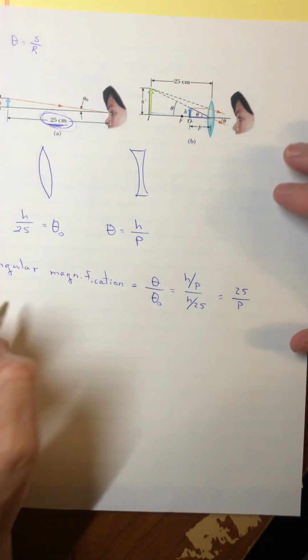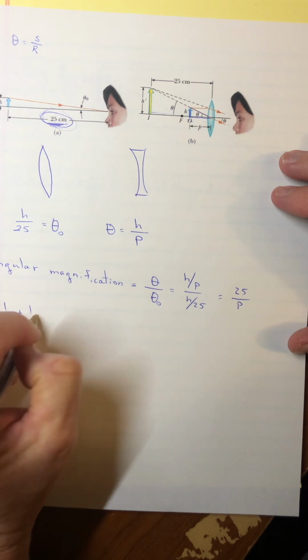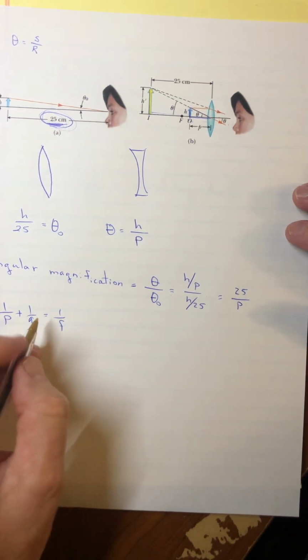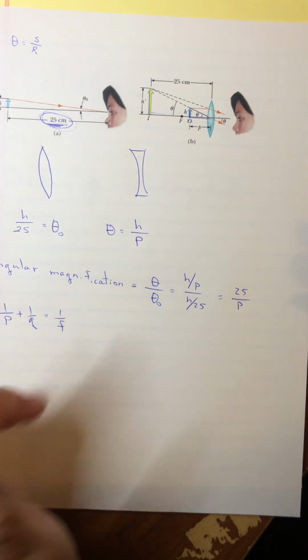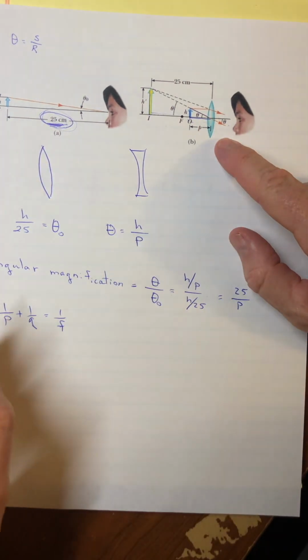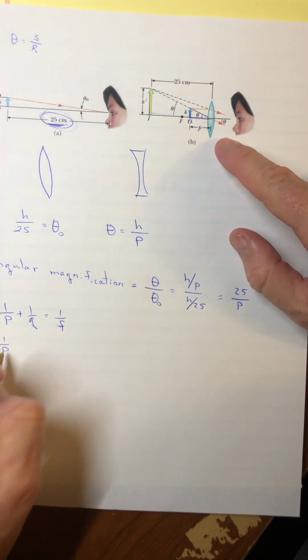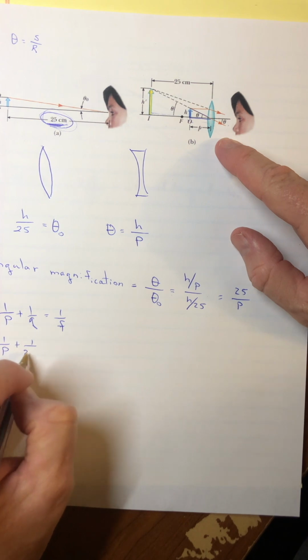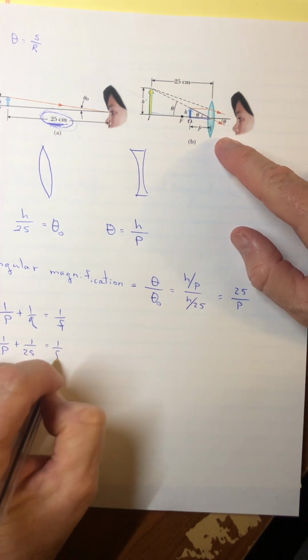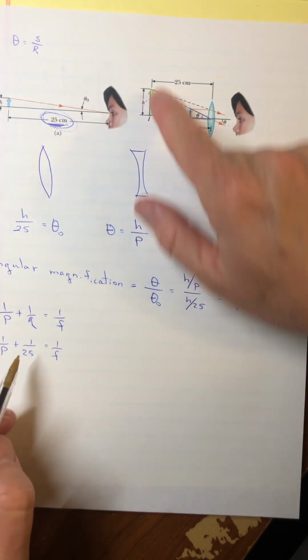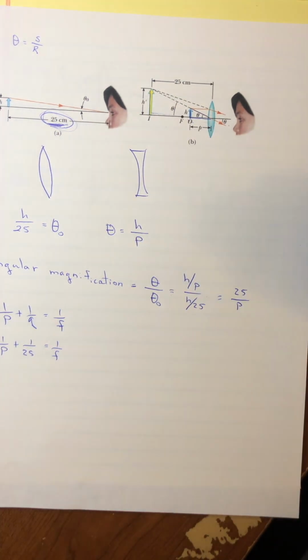So here's why I say that, because if I write 1 over p plus 1 over q equal to 1 over f, where f is the focal length of this lens, then I can solve for p by saying my goal of this magnifying glass is to get an image that is 25 centimeters away.